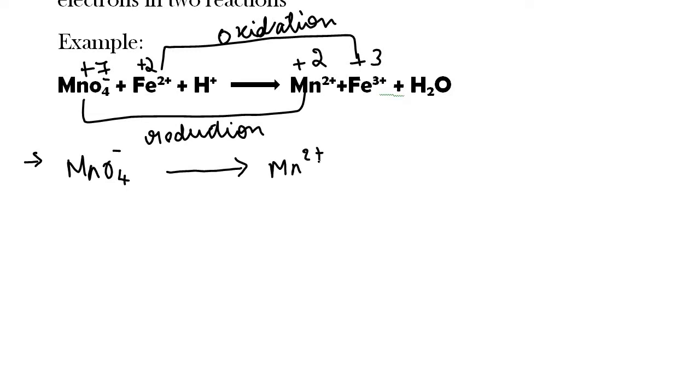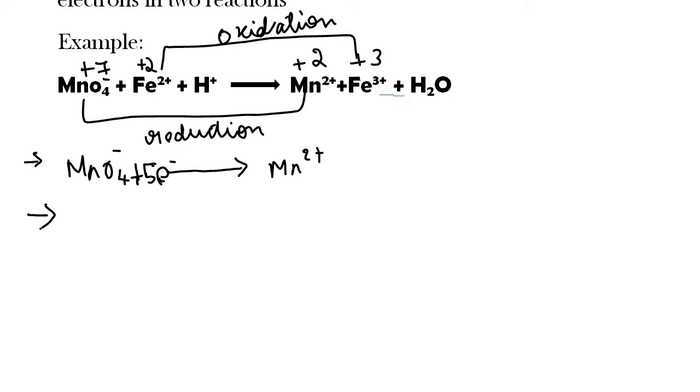We know that there are 5 electrons. 7 minus 2, you'll get 5 electrons. So you need to write plus 5 electrons here. And after that, as I told you, step 3 is you need to balance the oxygen on the opposite side.